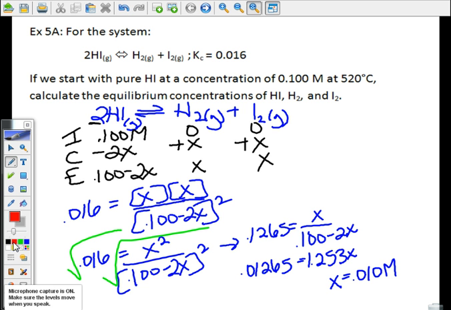It asks for the equilibrium concentrations of HI, H2, and I2. So I then need to take that and substitute it back into the equilibrium line. Well, H2 and I2 are going to be the same. They're both equal to x, so they're both going to be 0.010.